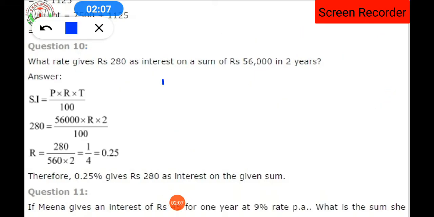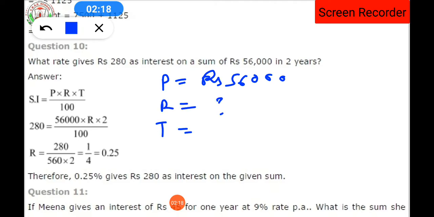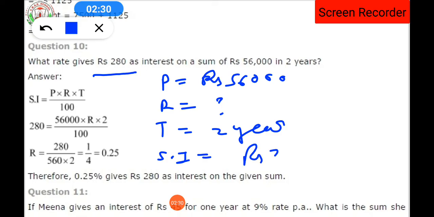Here principal amount is given as rupees 56,000. Then R, that we have to find out. Time is given 2 years, and in the question it is said that it gives rupees 280 as interest, that means simple interest value is given as rupees 280.